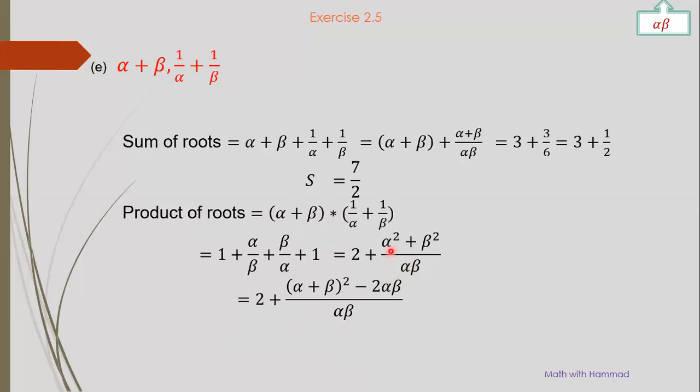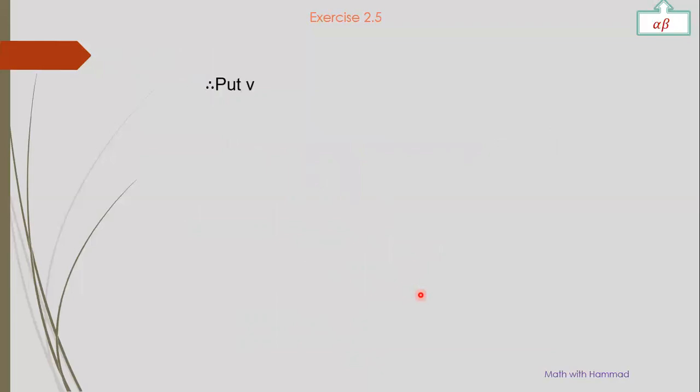Now the numerator alpha square plus beta square can be written as alpha plus beta whole square minus 2 alpha beta. Now replace the values: alpha plus beta is 3 and alpha into beta is 6. Put values from equation number 1 and 2.